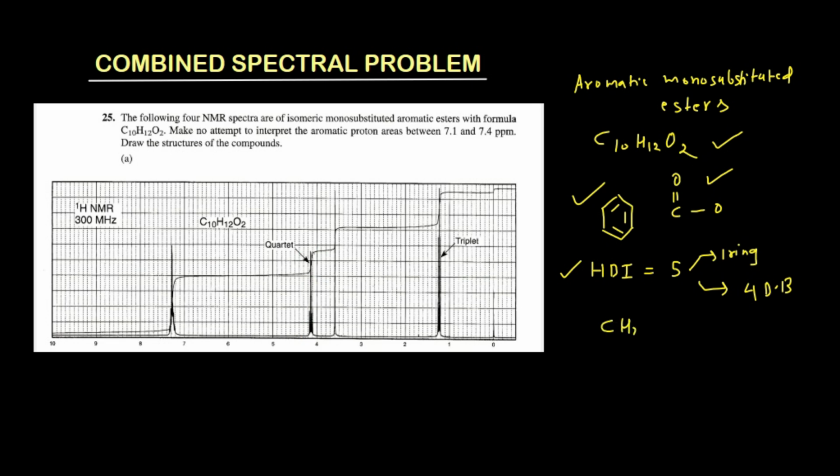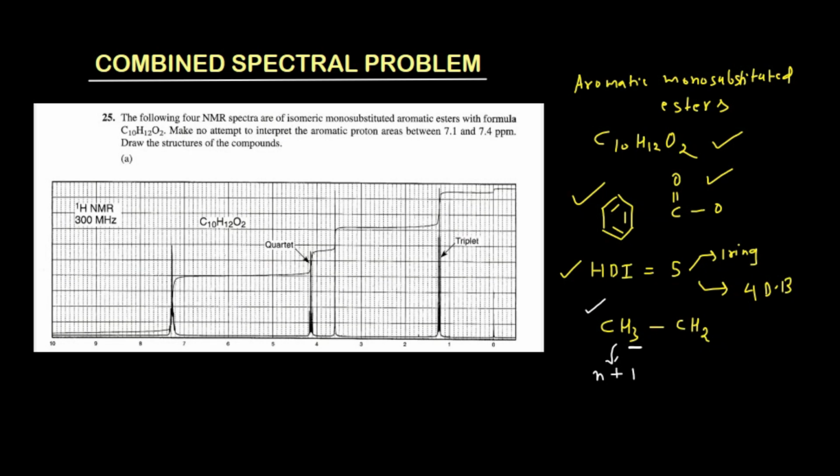If you have this CH3 and then this CH2, this forms a typical splitting pattern of quartet and triplet. I have solved this type of example in the previous classes as well, but here again I can explain how we can calculate the splitting pattern of this CH3, right? Splitting pattern means the number of peaks into which a particular signal will split.